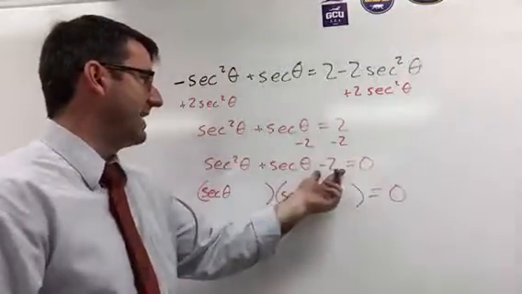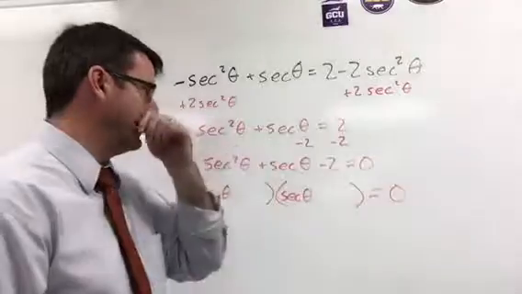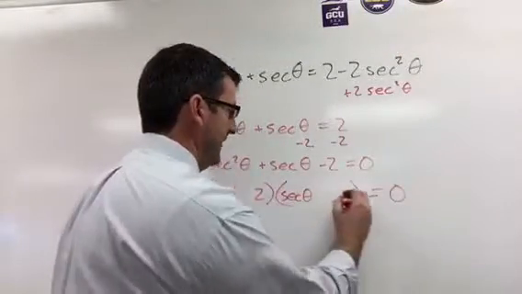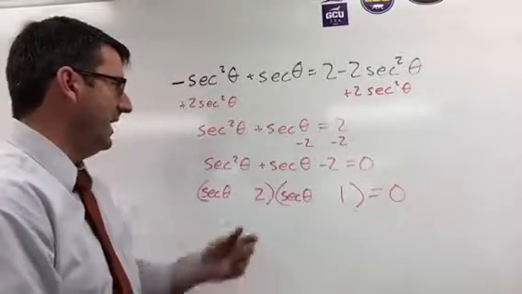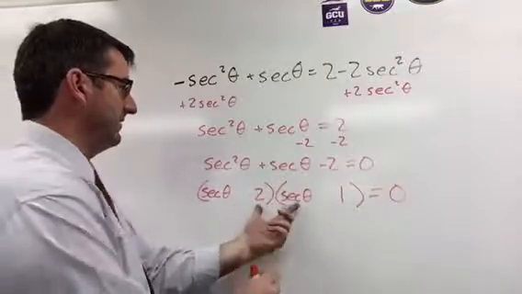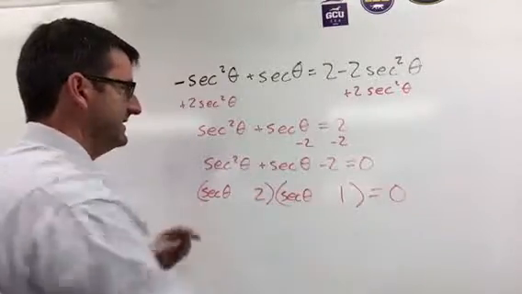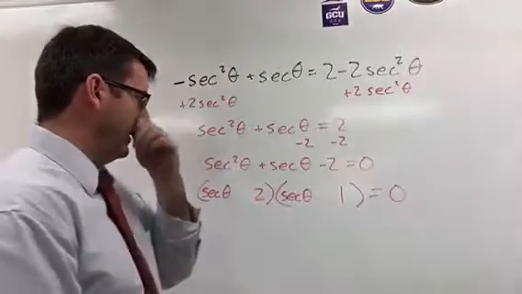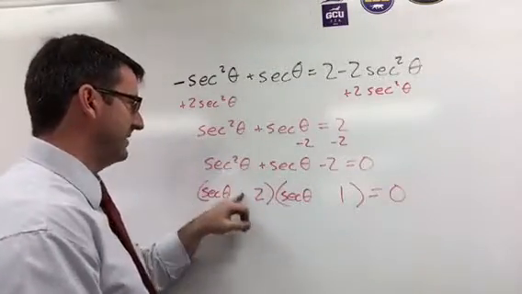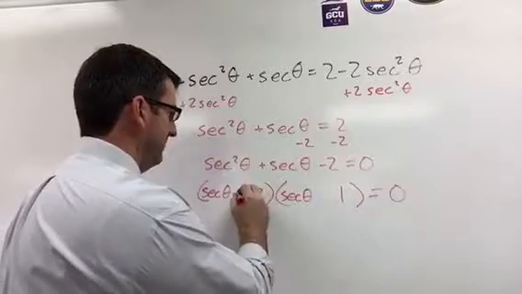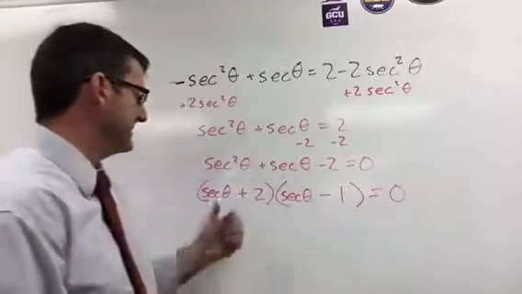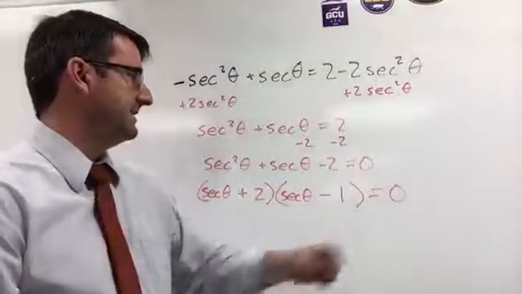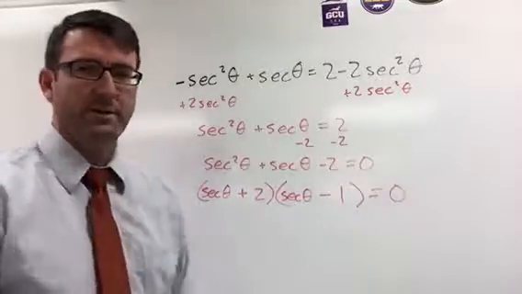And we know that our last factors need to multiply to 2, and so that's got to be 2 and 1. But then our middle factors, 2 secant and 1 secant, have to add to positive 1 secant. And so we're going to make the larger number positive. So we're going to have secant theta plus 2 and secant theta minus 1 equals 0.